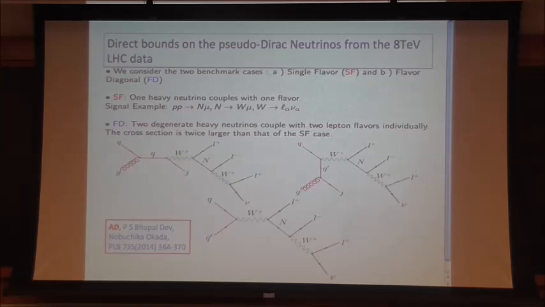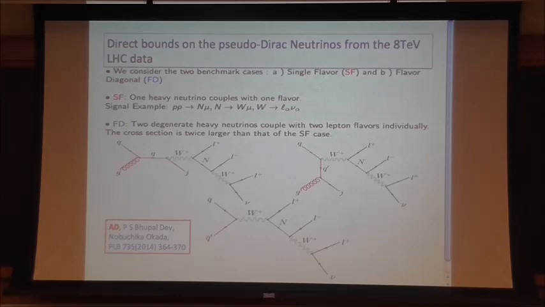After that, we pick up the flavor diagonal case because its cross section was very high. The flavor diagonal case is also called the flavor democratic. We used some CMS result to constrain our analysis and to put the first direct bound on the heavy neutrino, the pseudo-Dirac heavy neutrino mixing angle, rather the light-heavy mixing angle.